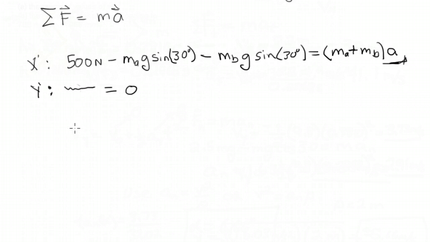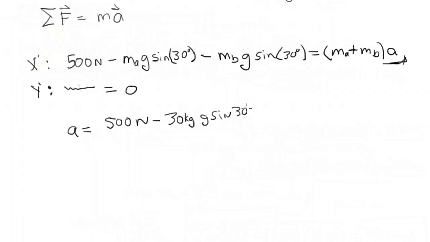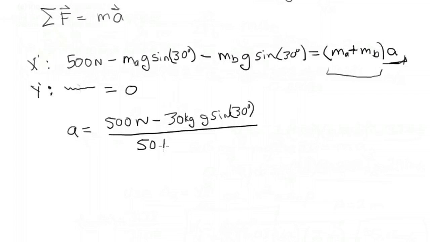We have that a equals 500 newtons minus the mass of A was 40 kilograms, so I've got 40 kilograms g sine 30, and a minus a 10, so I've got 30 kilograms g sine 30 degrees, and the whole thing is divided by this factor, m_A plus m_B, which is 50 kilograms.